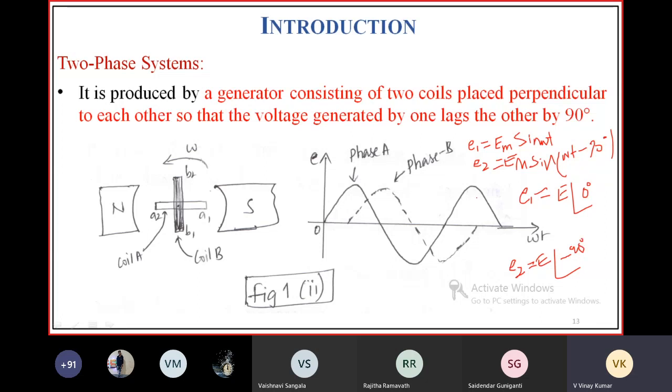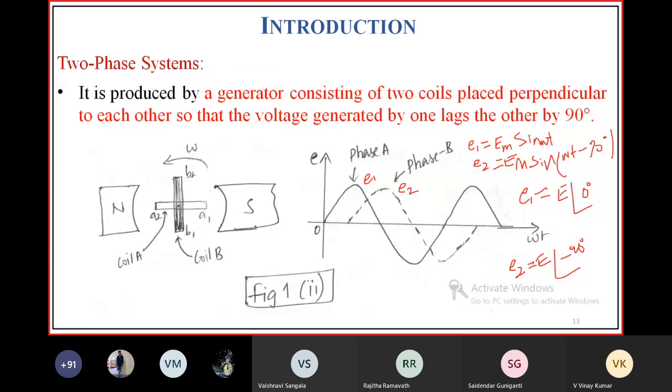This is E1, this is E2. E2 lags E1 by an angle of 90 degrees. Physically these two coils are displaced by 90 degrees, as well as electrically they are displaced by 90 degrees.